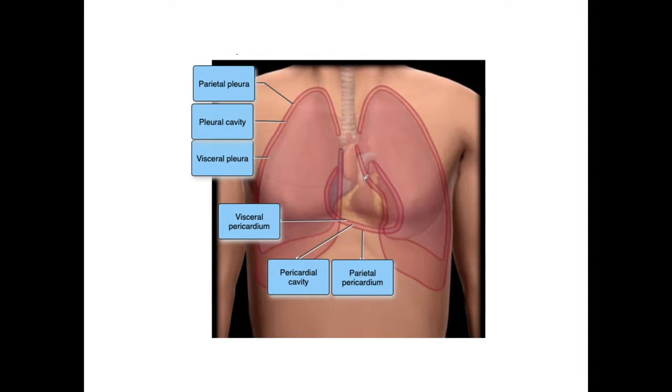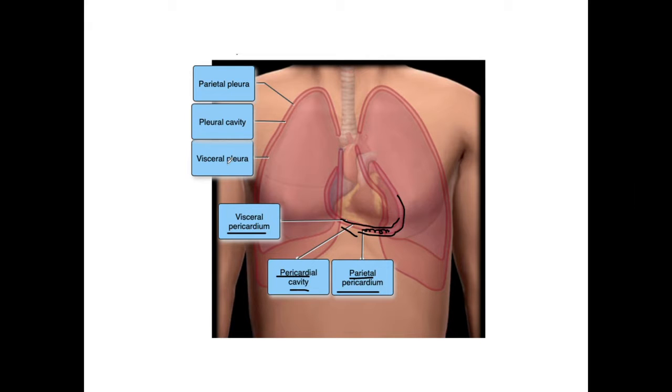So now let's look at the heart and the lungs together. When we look at the inner part of the heart, which is right here, that's the visceral layer, and because it's the heart, it's the visceral pericardium. When we look at the outer part of the heart, going all the way around, that is the parietal layer. Since it's the heart, it's the parietal pericardium. And again, the cavity between the two, that's filled with fluid, that's the pericardial cavity.